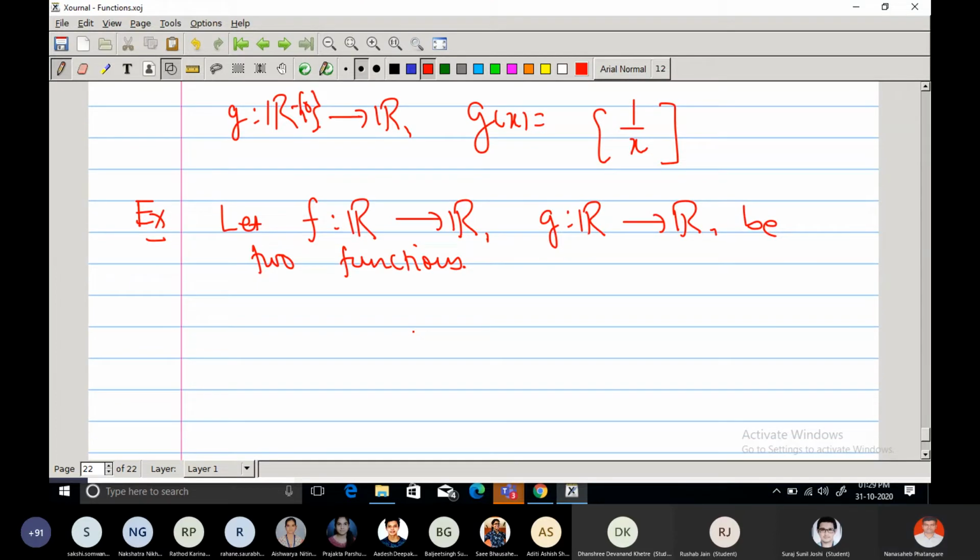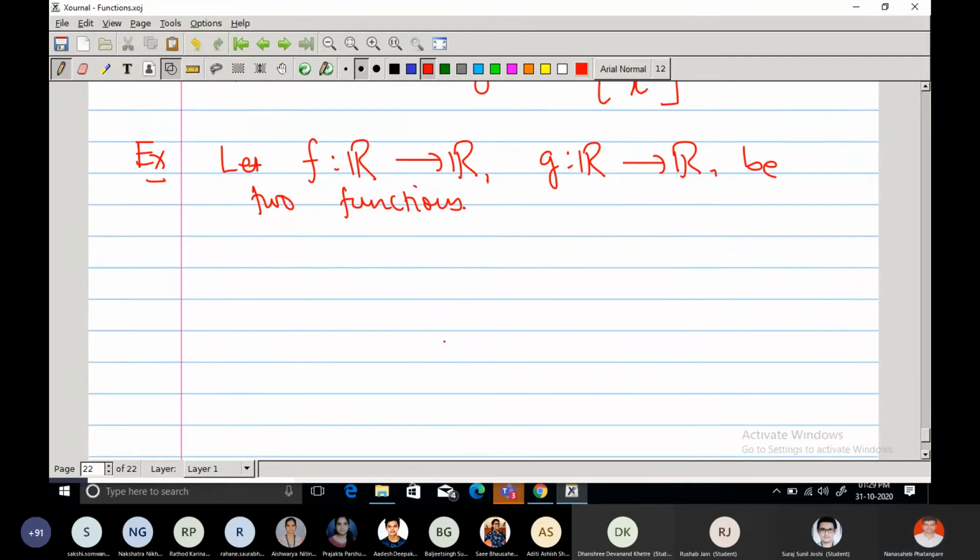Suppose these two functions are given, known, whatever they may be.